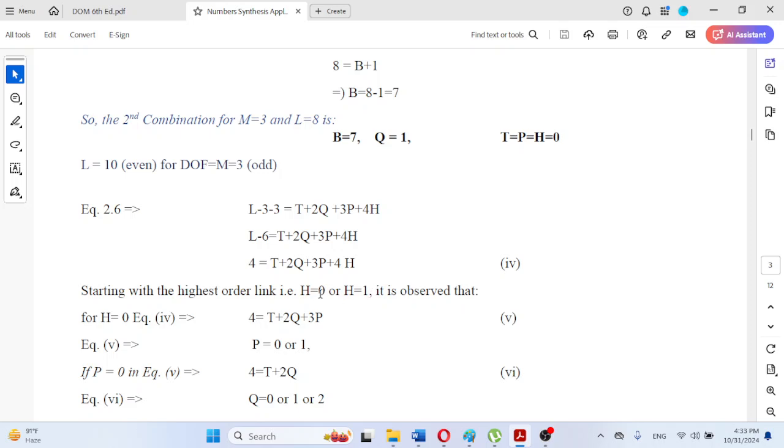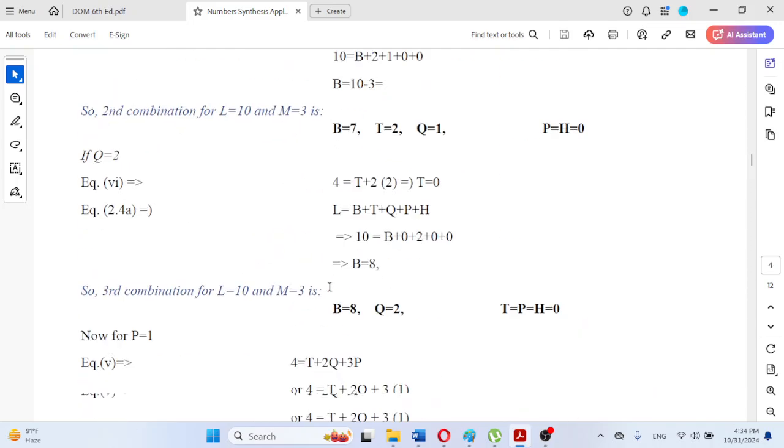So for H is equal to 0, 4 sets have been obtained. Now for H is equal to 1, we can observe that T plus 2Q plus 3P will be equal to 4 minus 4, which will be equal to 0.